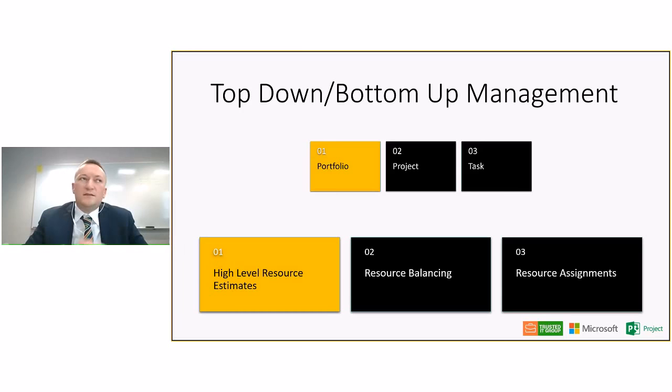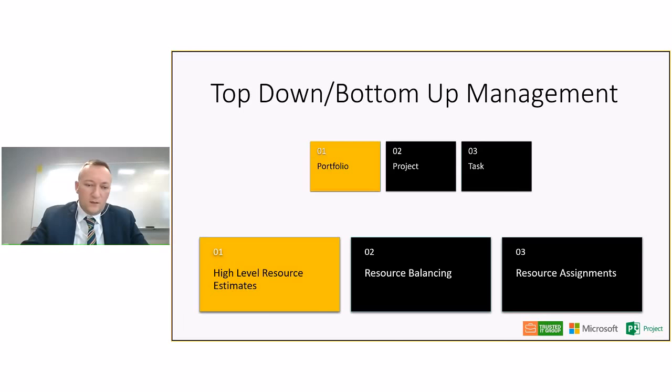Let's say this is a typical project for the organization, and you would probably already know this takes on average X amount of time and X amount of people, so you can at the high level start putting this information in the system, and it will be playing a role across the enterprise. It will be playing a role in your overall organizational demand and capacity. I will be showing you the actual tool and the actual clicks and how this is organized in Project Online, but this is kind of setting up the stage before I do that.